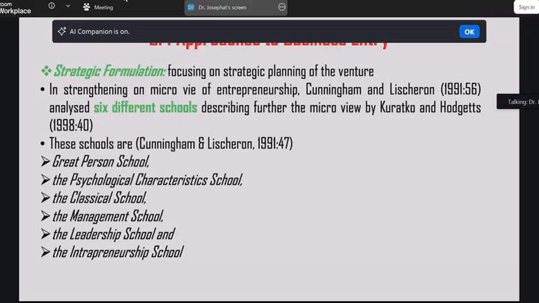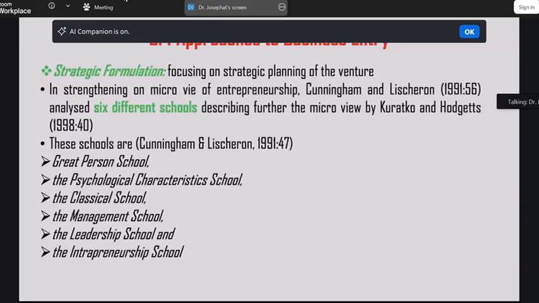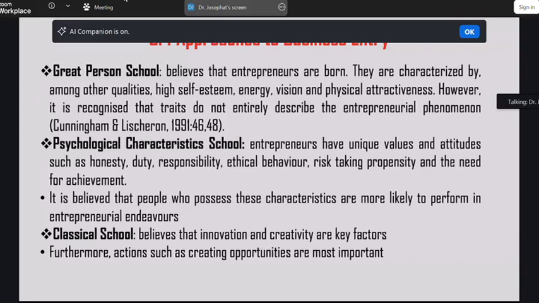So we are not going to focus much more on these other schools of thought, but the most important, tuelewe kwamba kuna strategic formulation as well as we have venture opportunity and entrepreneurial trait under the micro view school of thought on the part of those internal locus of control, on the part of approach to business entry, on the part of success or failure of entrepreneurial activities.